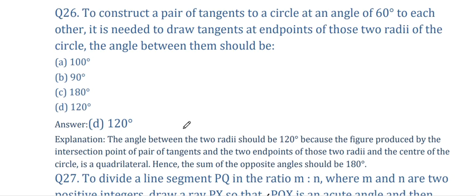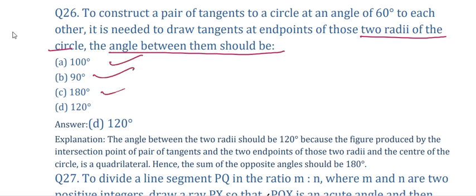To construct a pair of tangents to a circle at an angle of 60 degrees to each other, we need to draw tangents at the endpoints of two radii of the circle. The angle between them should be 100 degree, 90 degree, 180 degree, or 120 degree. 120 degree must be selected. We can understand from the explanation given.